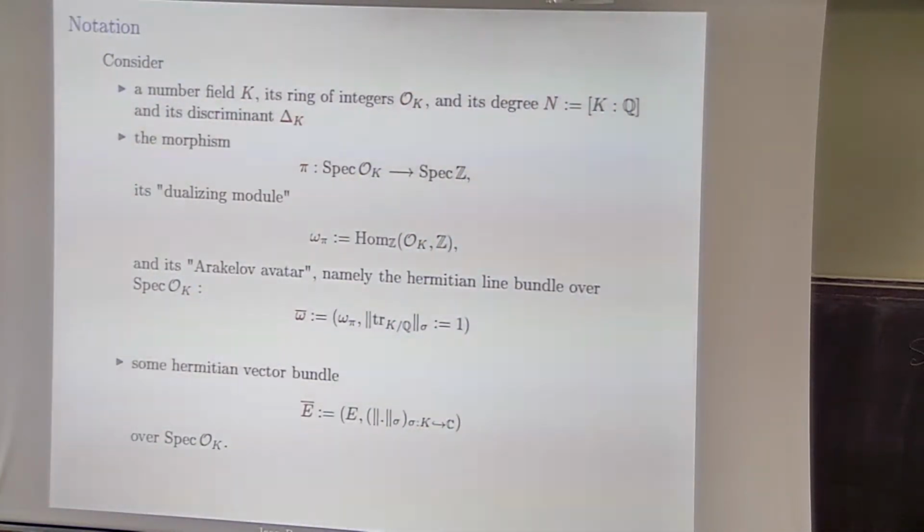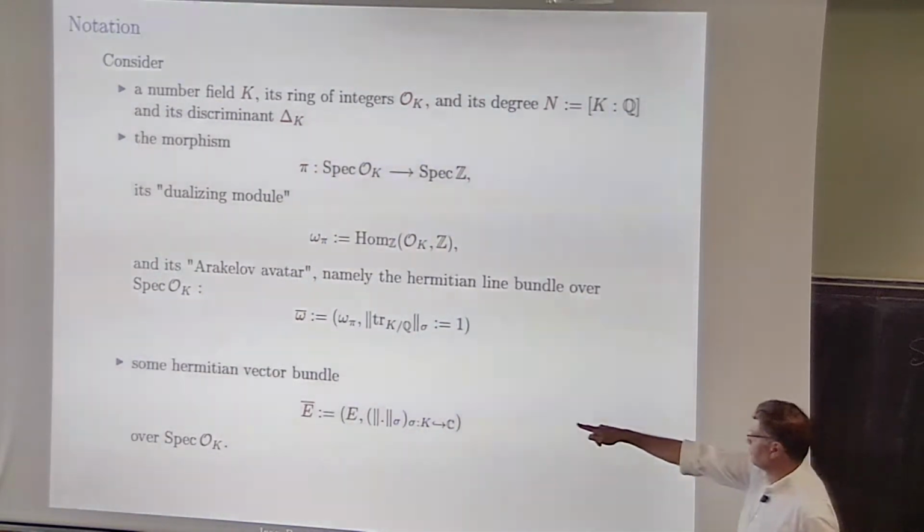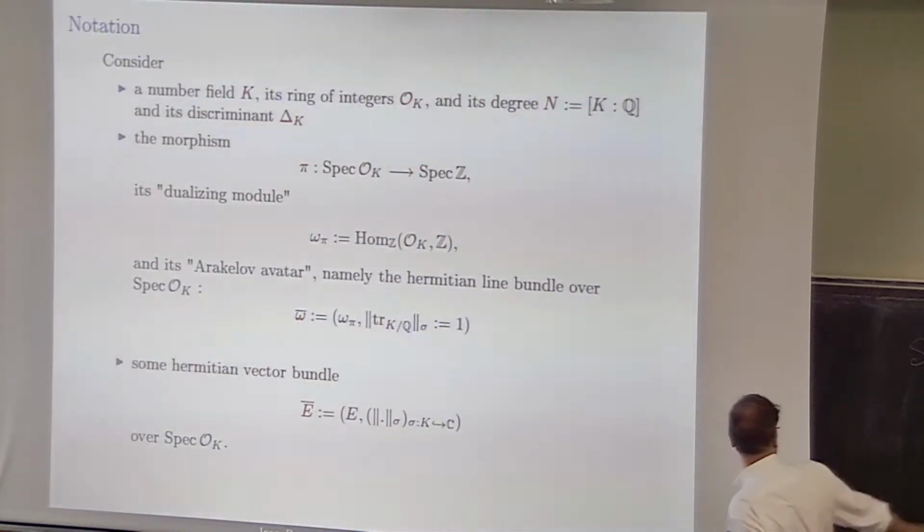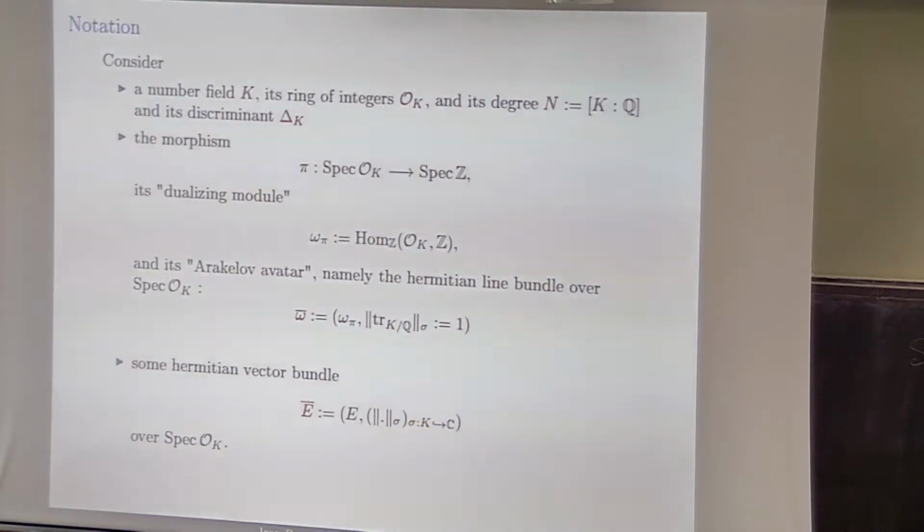And now I will be interested in defining some general theta invariant for some general Hermitian vector bundle like here. So E is some projective OK-module of finite rank, and at every place you are given a metric.